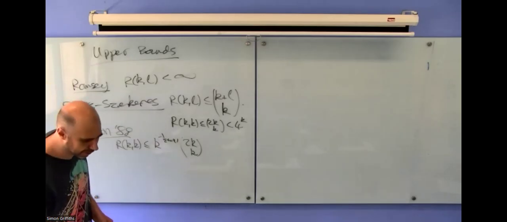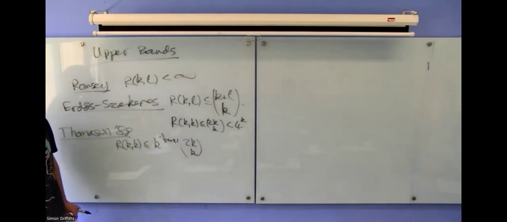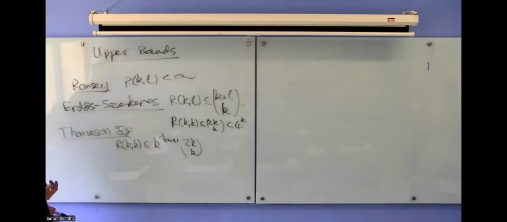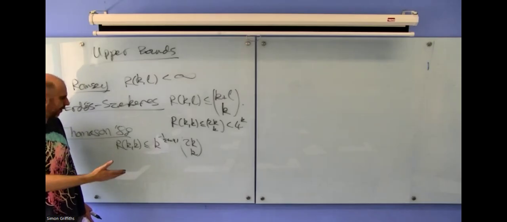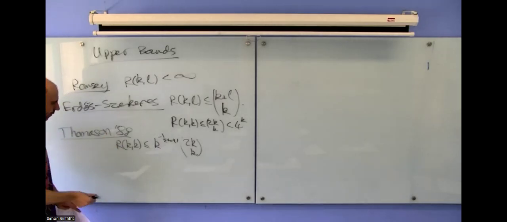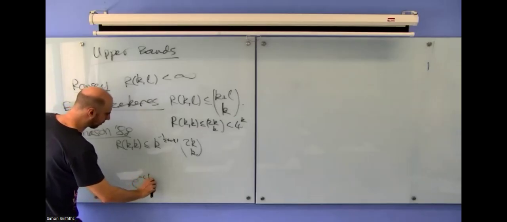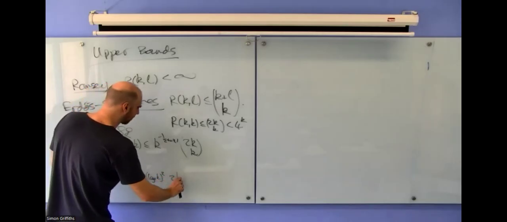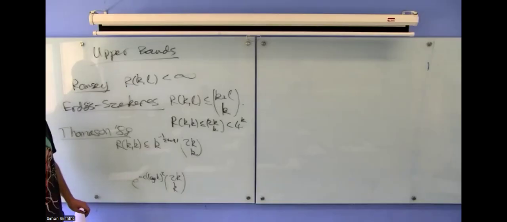Thomason's argument relies on quasi-randomness; he thought a lot about it. He actually had the plan to go as far as the furthest we managed to go with quasi-randomness techniques, which is to get e to the minus constant log k squared.